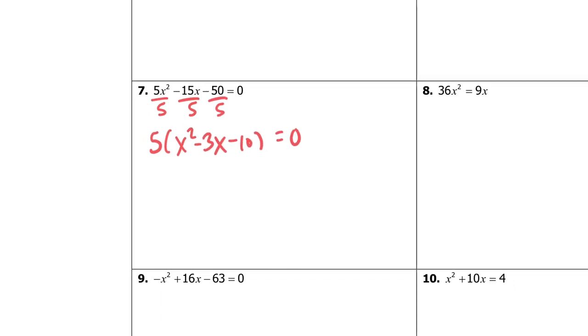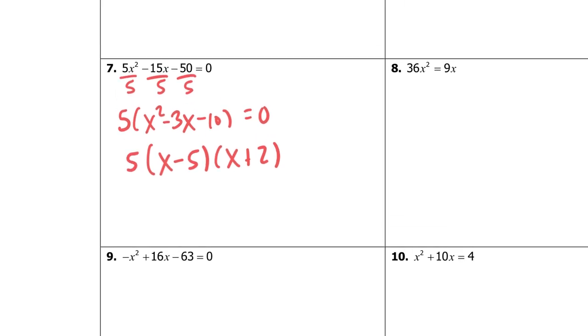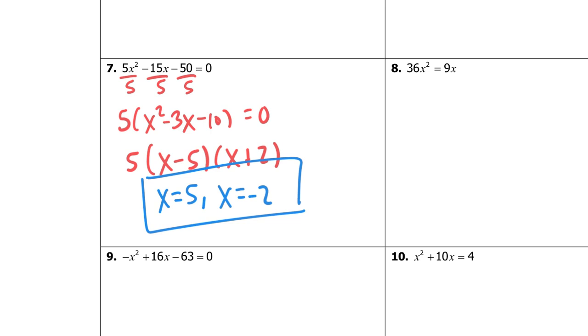Factor x squared minus 3x minus 10, multiply to negative 10, add to negative 3 would be negative 5, and then positive 2. That 5 just hangs out in front. The solutions are the zeros of each factor, so the 5 doesn't impact the zeros. The 0 of x minus 5 is positive 5. The 0 of x plus 2 is negative 2. So those are your two answers.